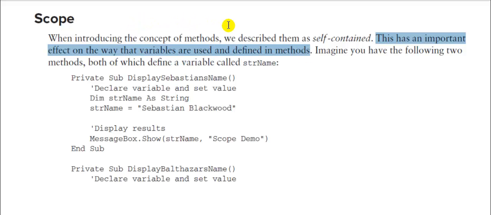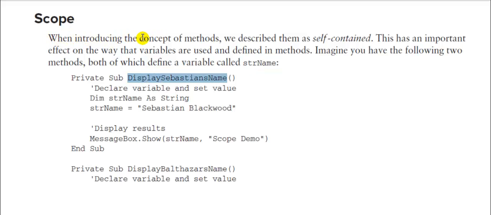So imagine you have the following two methods, both of which define a variable called this. Here's the first method, and you can see that it declares the variable and assigns it a value, this time the string Sebastian Blackwood.